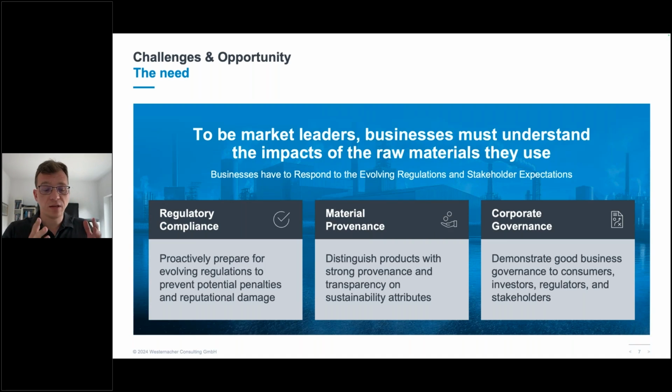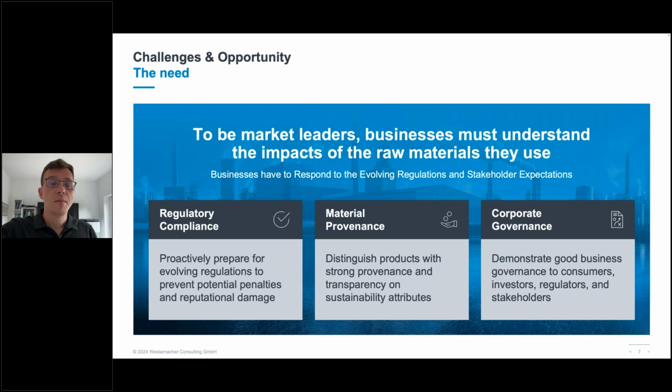The challenge everyone faces is how to comply with all these new regulations and new laws, and where to get all this data from. On the other hand, the major business opportunity is that by being a first mover in creating transparency and becoming more sustainable, you attract more customers and grow your business. That is certainly worthwhile to look into.